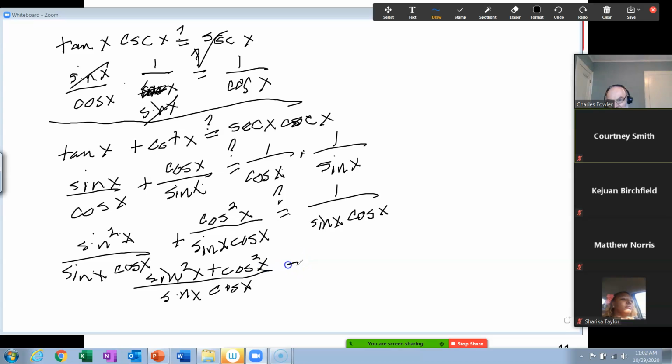And guess what, folks? Is that the same as 1 over sine x times cosine x? Sure it is, because sine squared x plus cosine squared x is equal to 1. So you get 1 over sine x cosine x on this side.